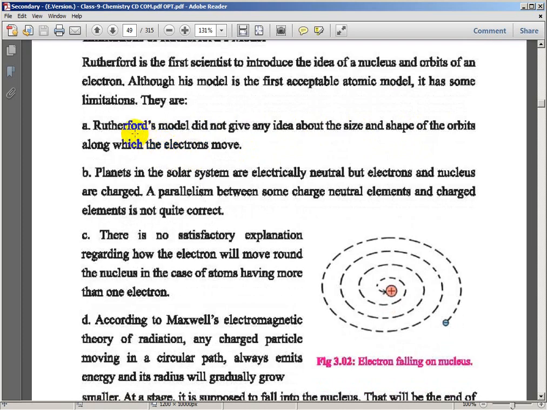Rutherford's model didn't give any idea about the size and shape of the orbits along which electrons move.